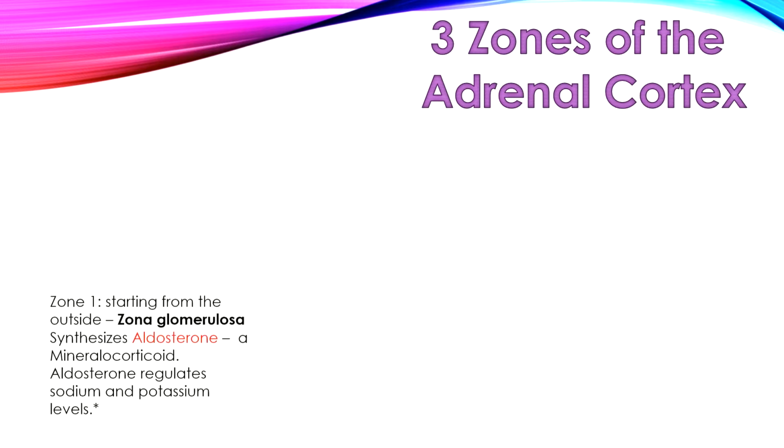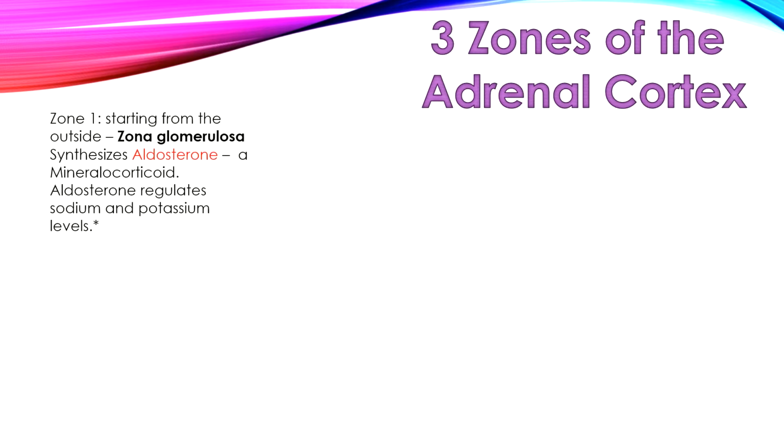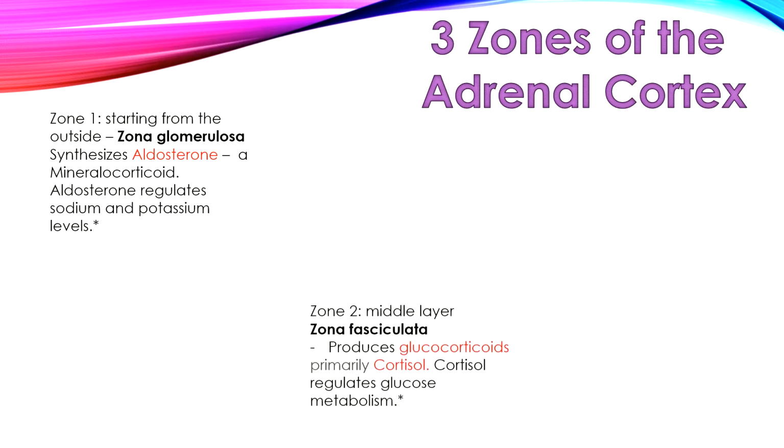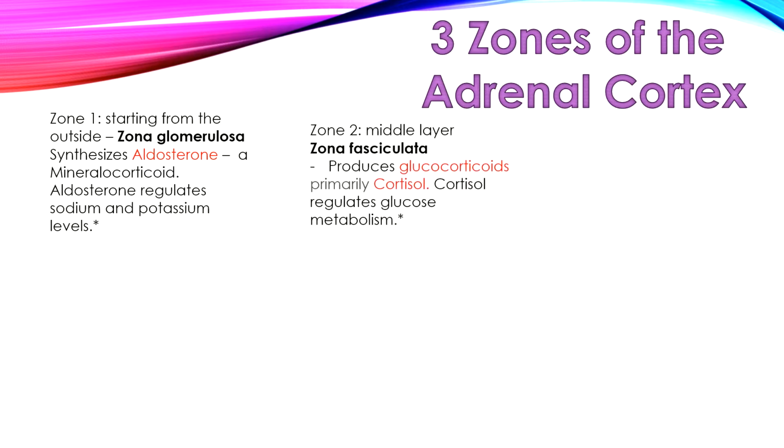All right, so starting from the outside, working our way in. The zona glomerulosa synthesizes aldosterone, a mineralocorticoid. Aldosterone regulates sodium and potassium levels. The middle layer, the zona fasciculata, produces glucocorticoids, primarily cortisol. Cortisol regulates glucose metabolism.